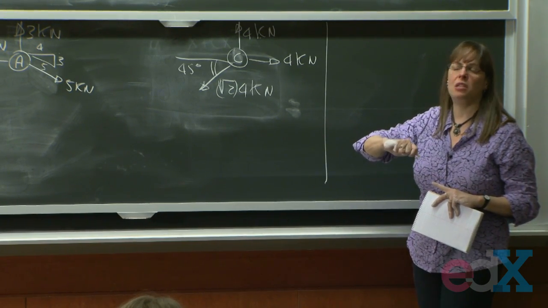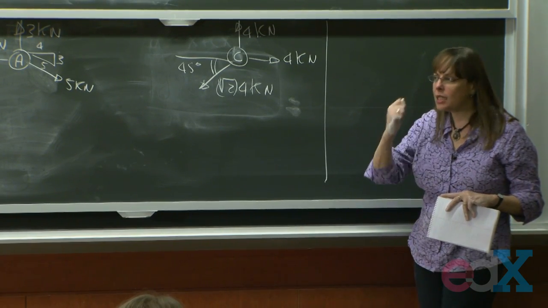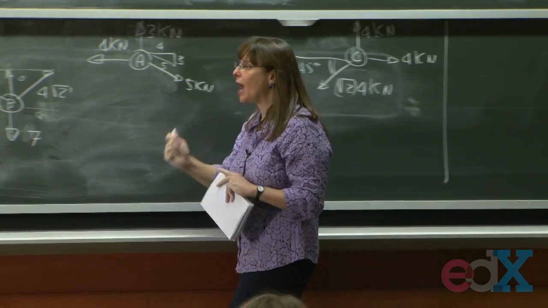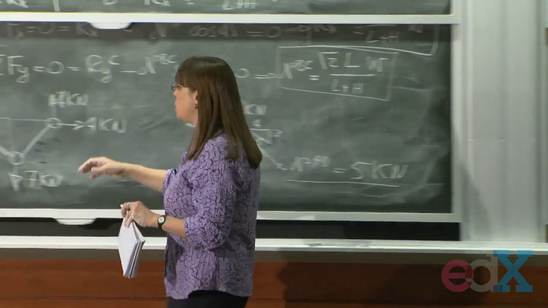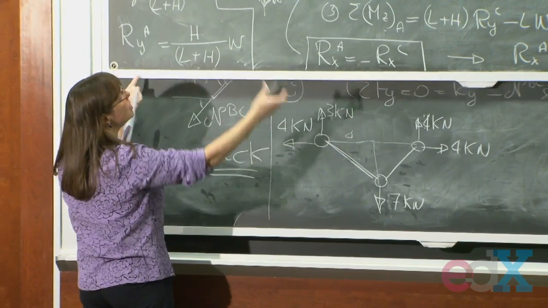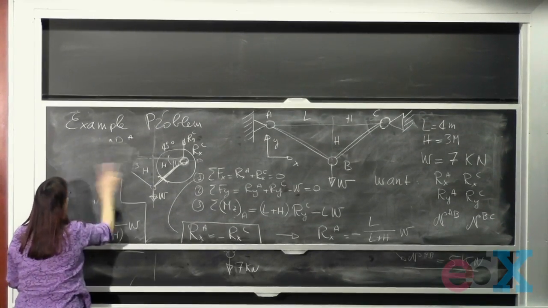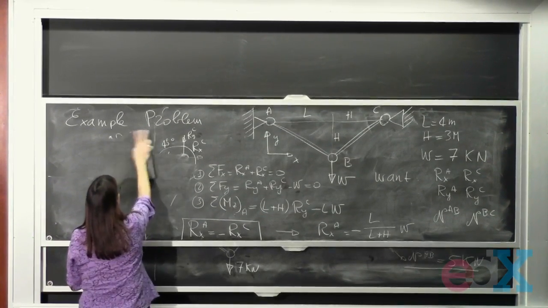You may be just watching TV as you do these problems, because you just follow the path. So let's do the same truss here, get rid of all this stuff, and we're going to solve it using the method of joints.